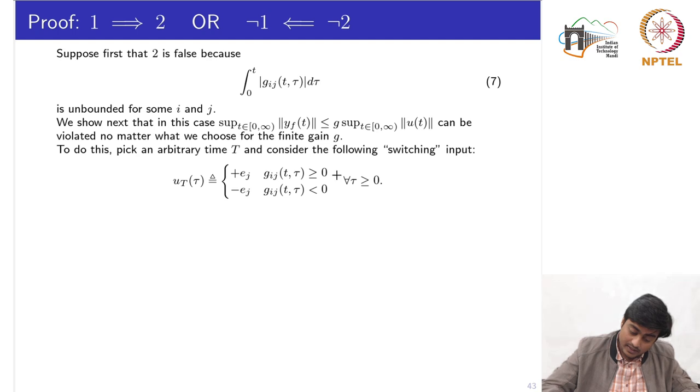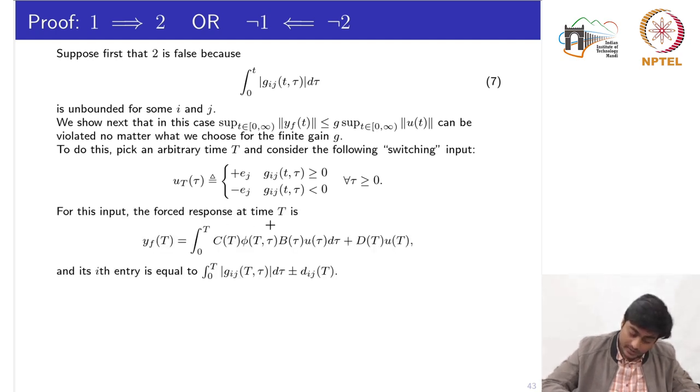We define the signal in the sense that whenever the ijth entry of G(t, tau) is greater than or equal to 0, the input is plus e_j, and if it is less than 0, the input is minus e_j, and e_j is the canonical basis of the k-dimensional vector.